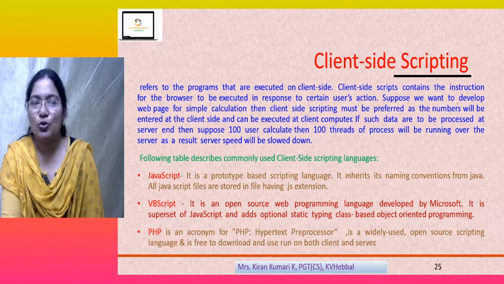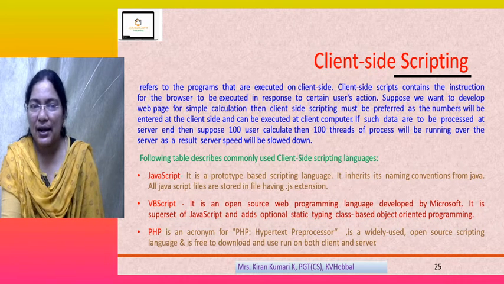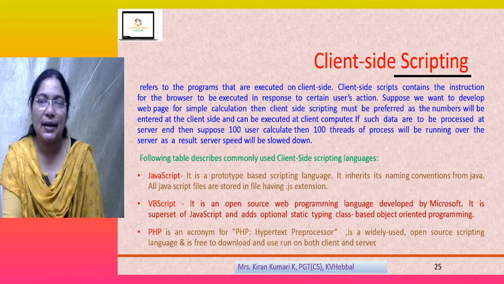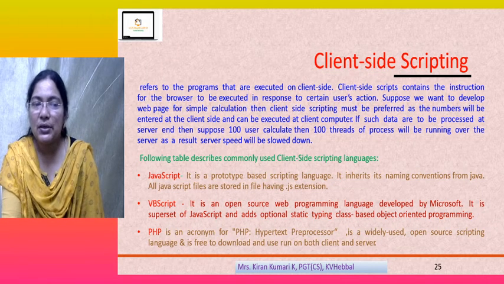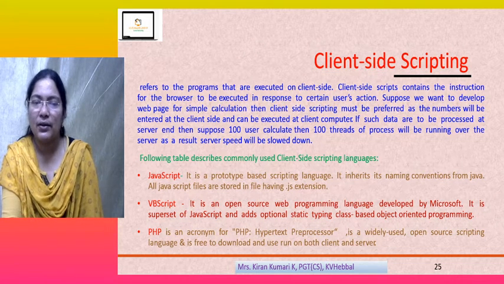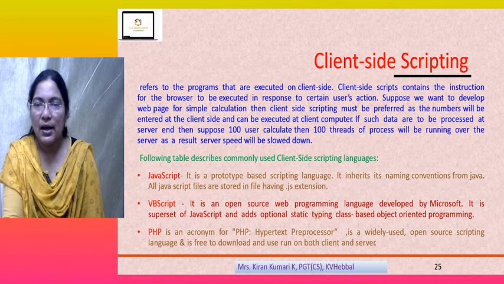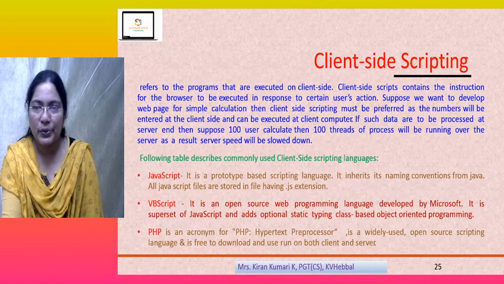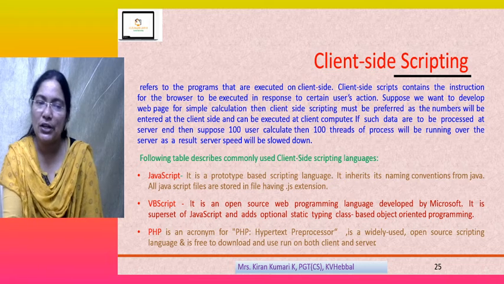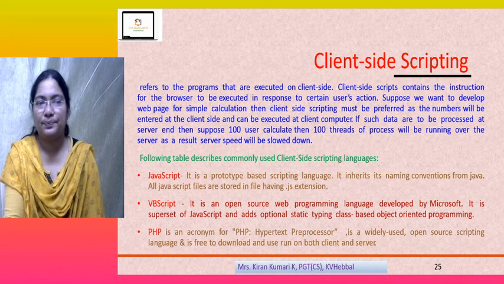It is a superset of JavaScript and adds optional static typing and class based object oriented programming. PHP, an acronym for pre-hypertext processor, otherwise hypertext preprocessor, is a widely used open source scripting language and is free to download and use, and runs on both client and server.